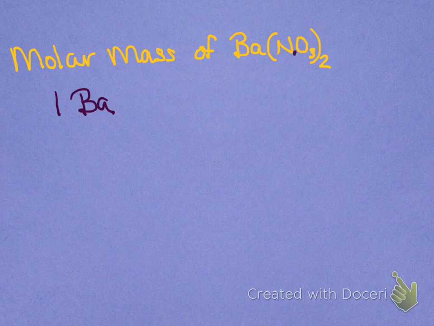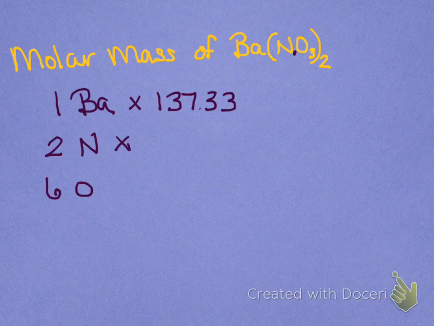So this is like saying there's one nitrogen times 2, so we have 2 nitrogen atoms. And then we have 6 oxygen atoms. So I need the mass of barium, which is 137.33. The mass of nitrogen from my periodic table is 14.01. The mass of oxygen is 16.